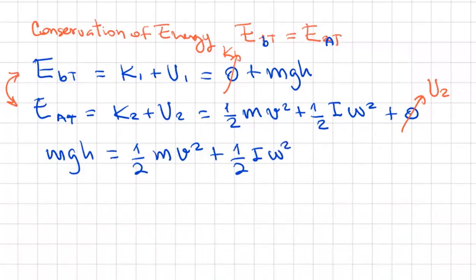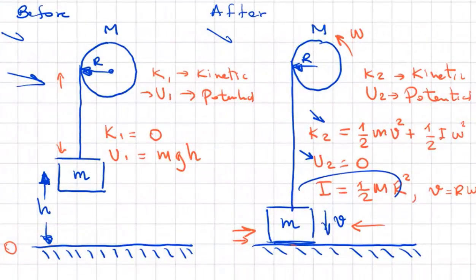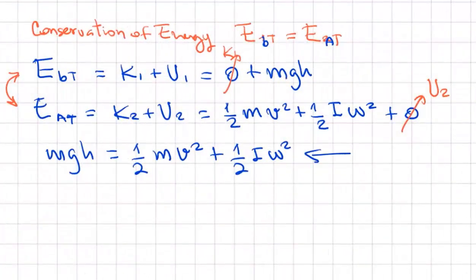Okay, guys, we remember that the moment of inertia is this expression, and the velocity and the angular velocity are related with this expression. So I replace these two expressions into this equation. Okay? And I will get this.